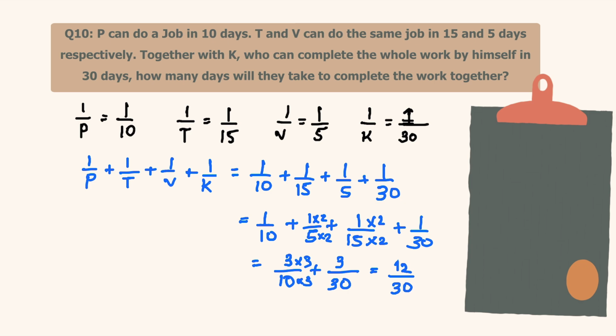So the answer will be 30 by 12. Taking the reciprocal, the total time will be 30 by 12 or 15 by 6. We cut it with 3, it will be 5 by 2, which is 2.5. Is that the answer? 2.5 is the answer.